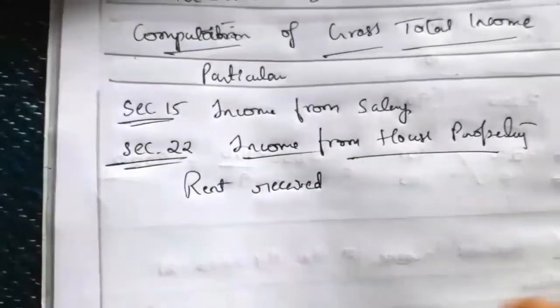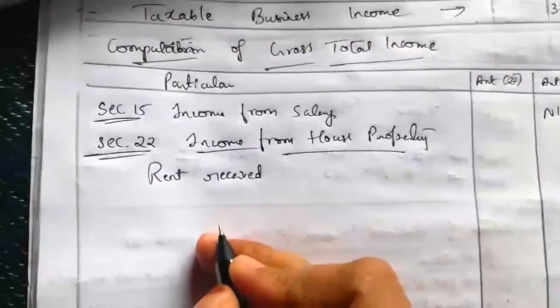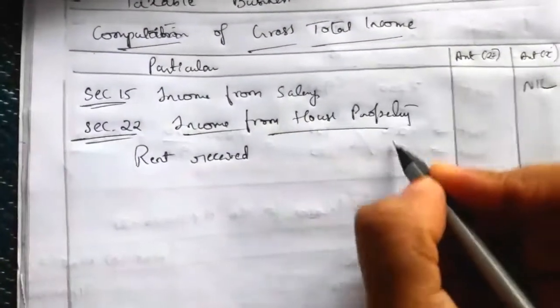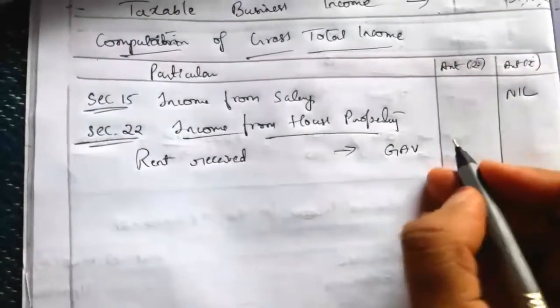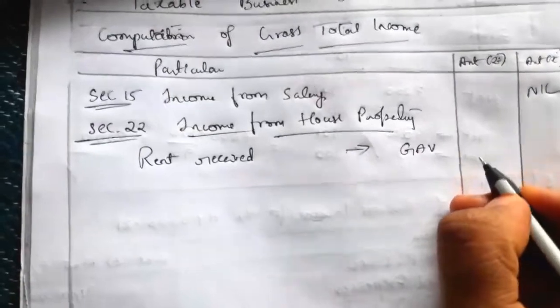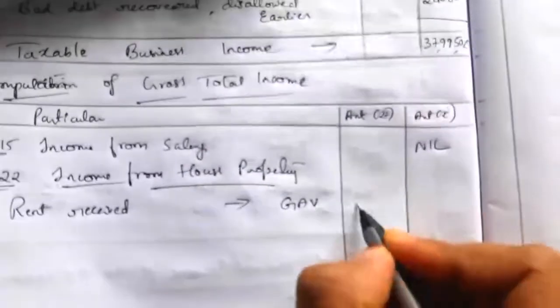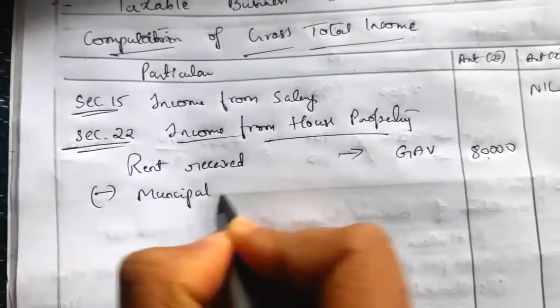There is a rule to calculate the gross annual value when there is no other information like fair rental value, standard rent. So the rent received itself is taken as the gross annual value. The rent received given in the question is 80,000. So from the gross annual value we have to deduct the municipal tax paid.